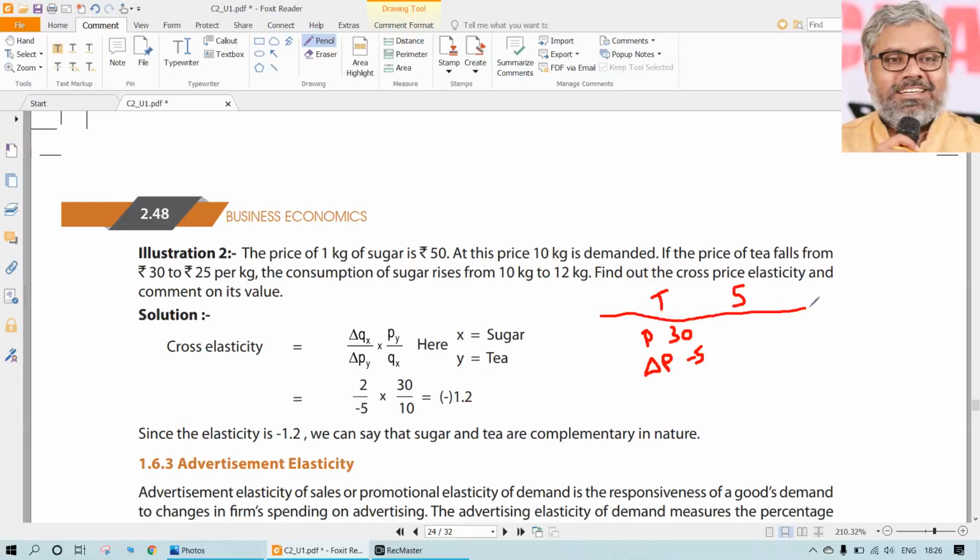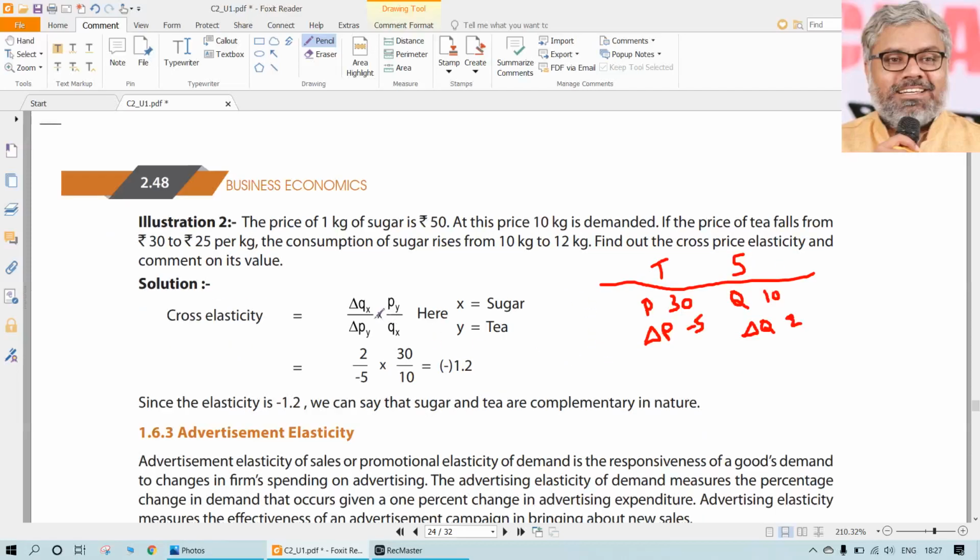So that is for tea. What about sugar? For sugar, the original consumption, the quantity, let us call this Q. So the quantity originally consumed is 10 and now delta Q has changed. It is positive. Why? Because it has increased from 10 to 12. That means 2.